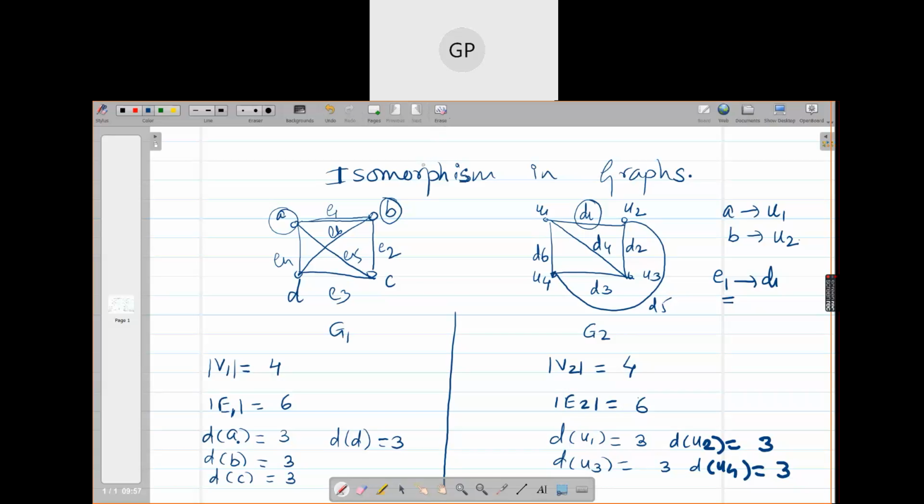Whenever there is an edge E whose end vertices are, say, A and B, with A mapped to U1 and B mapped to U2, there should be an edge between the vertices U1 and U2 also.